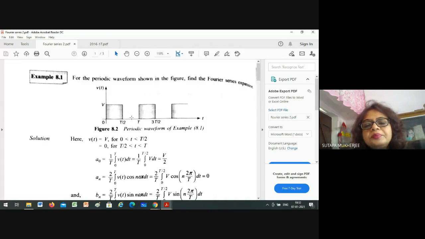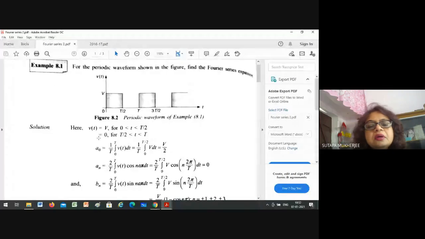This is the periodic waveform, actually a square wave, 0 to T by 2, then T to 3T by 2, and amplitude is V. Mathematically, how to express the function v(t)? v(t) equals V for 0 less than t less than T by 2, and equal to 0 for t greater than T by 2 and less than capital T. Basically, between T by 2 and T, the value of v is 0.